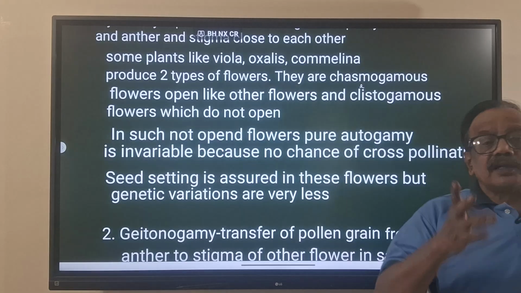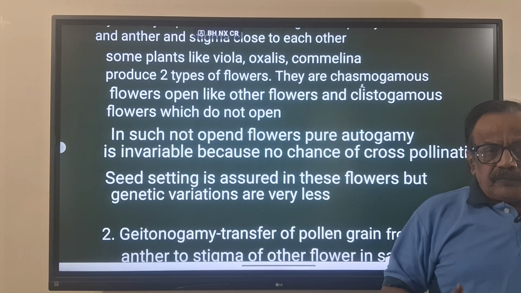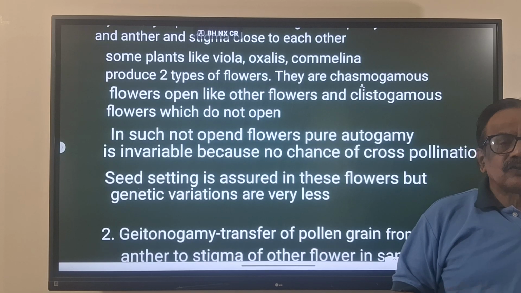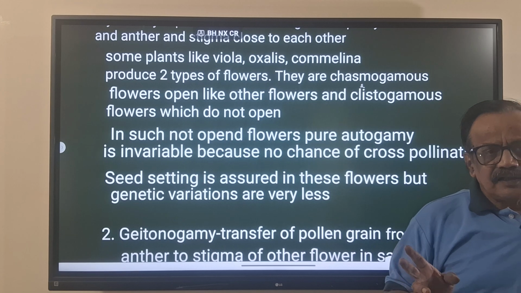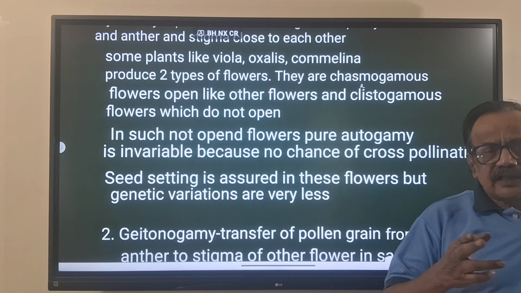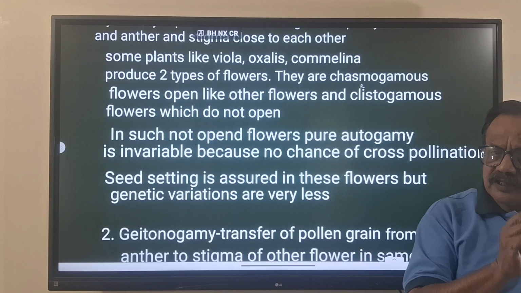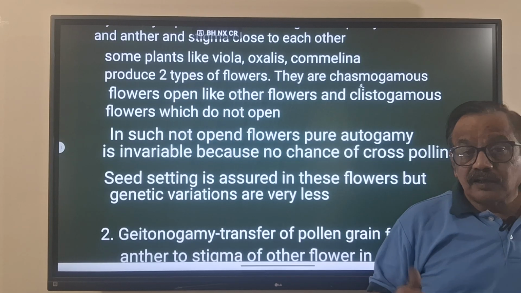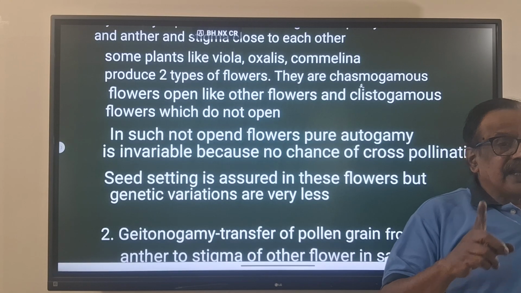And what are the disadvantages here? Disadvantage means here the same genetic material is reaching, so it has very little variation. If the genetic material is changed, meaning another flower's pollen grain is coming, the genetic material changes a little bit and variation will come, but very little variation will come.